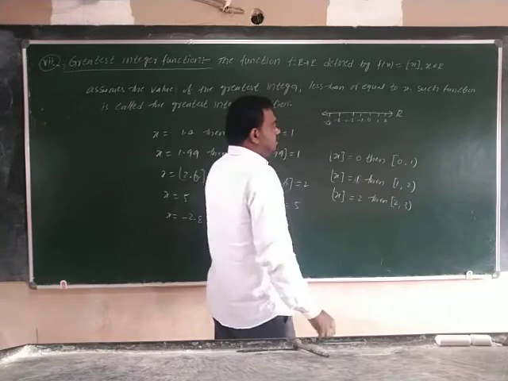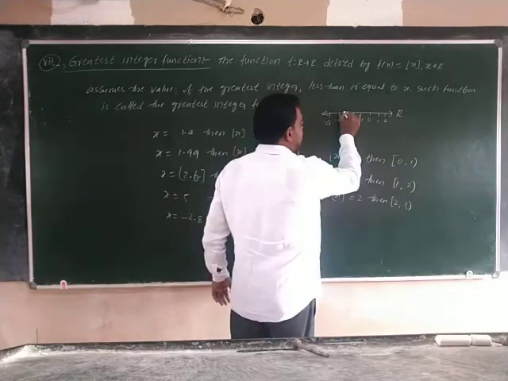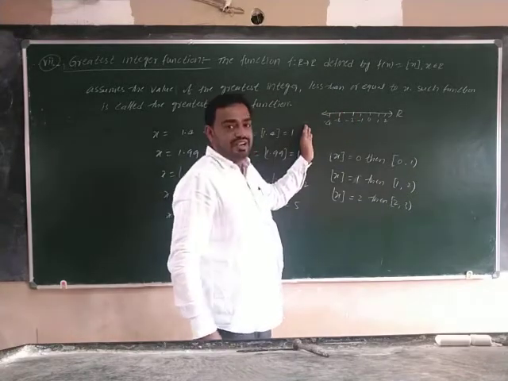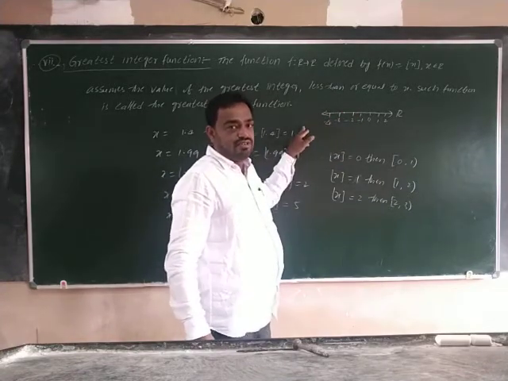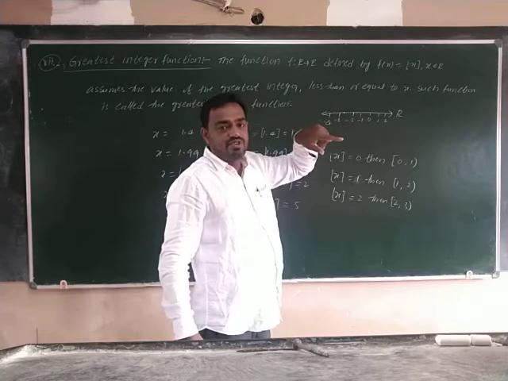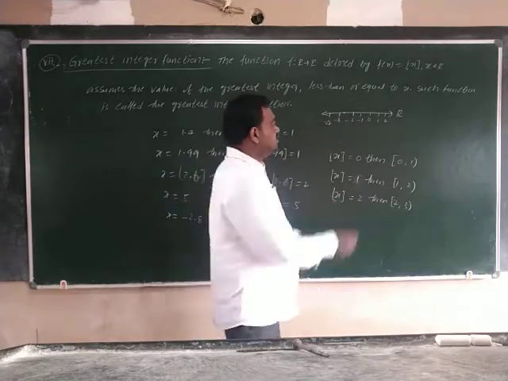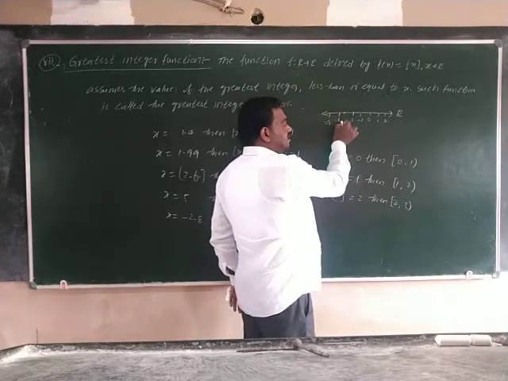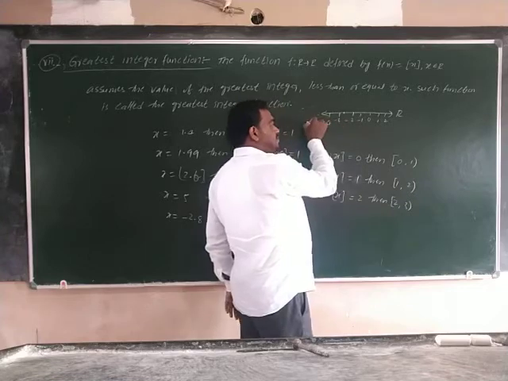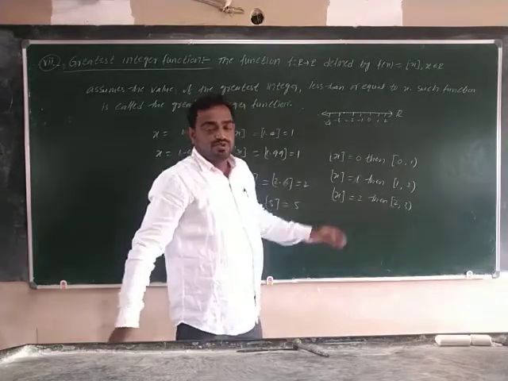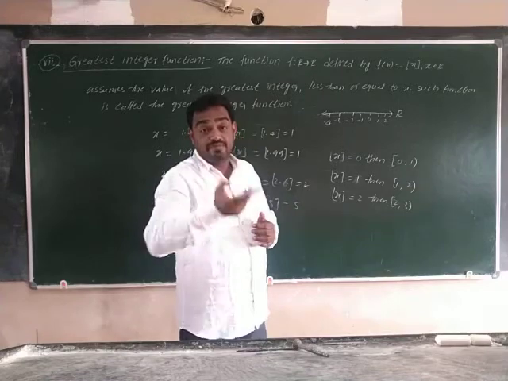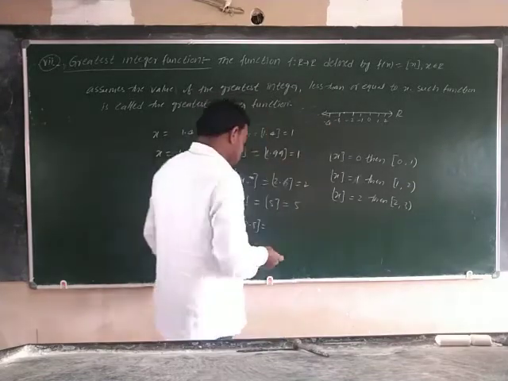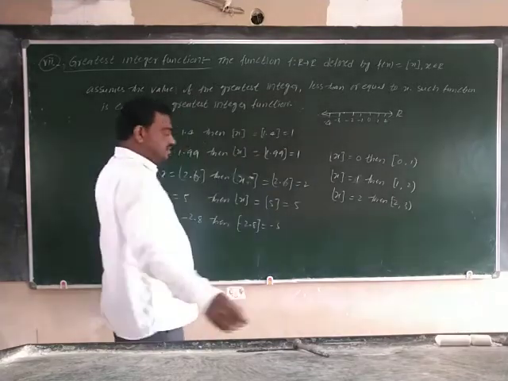We want integers less than or equal to minus 2.8, on this side. What are the integers? Minus 3, minus 4, minus 5, minus 6, minus 7, and so on. So which is the greatest? Minus 3 is the greatest. So this is equal to minus 3.